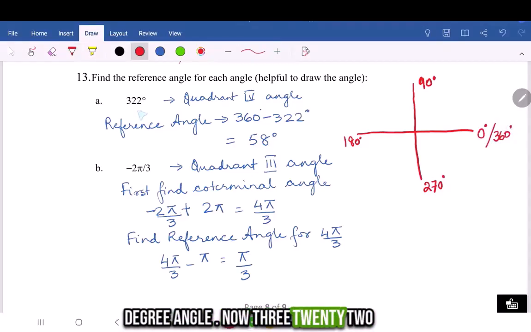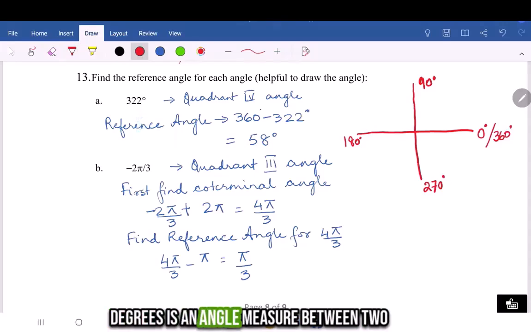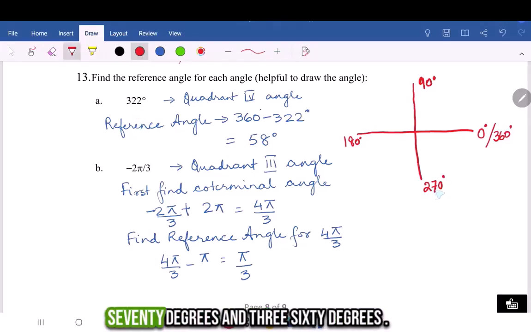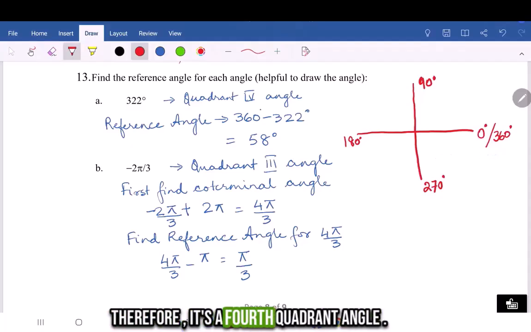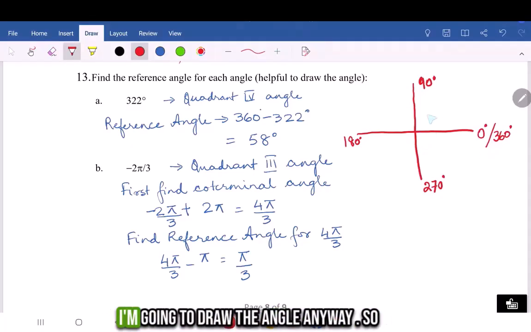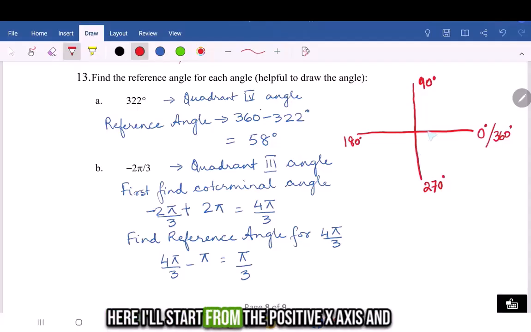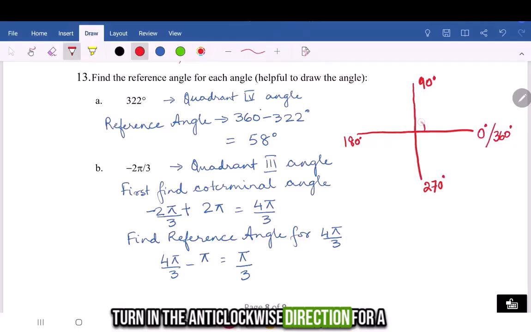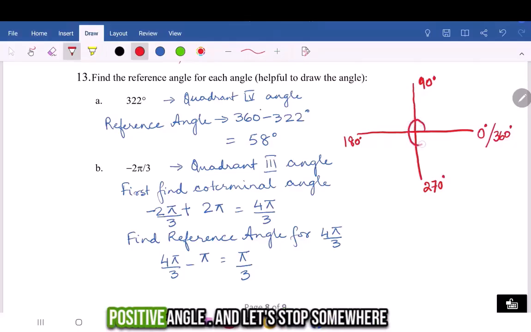Now, 322 degrees is an angle measure between 270 degrees and 360 degrees. Therefore, it's a fourth quadrant angle. I'm going to draw the angle anyway. So here I start from the positive x-axis and turn in the anti-clockwise direction for a positive angle.